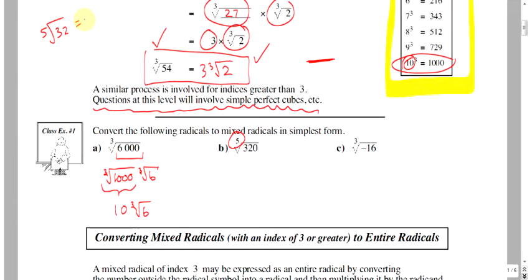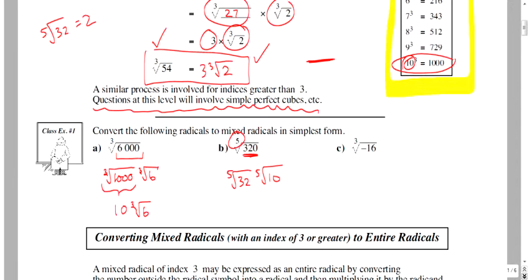What number multiplied by itself 5 times will give me 32? 2. 2 times 2 is 4, times 2 is 8, times 2 is 16, times 2 is 32. Does that help us? Can I get a 32 out of 320? Well, let's split it up. That's the 5th root of 32 times the 5th root of 10, right?